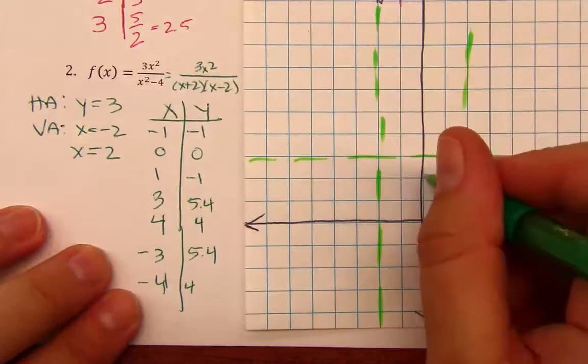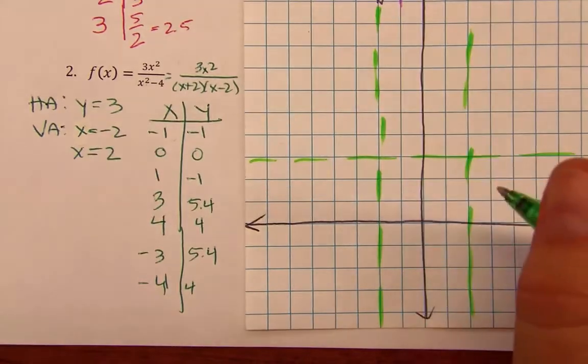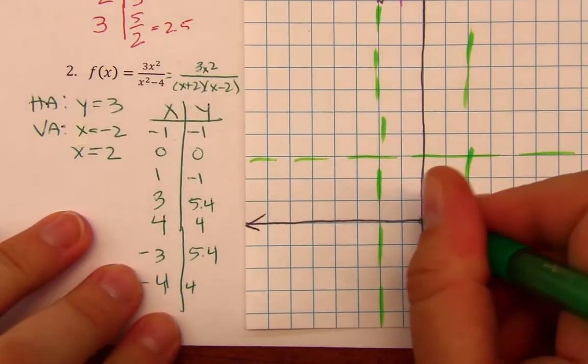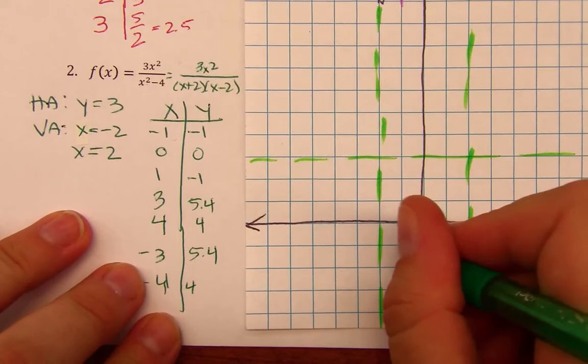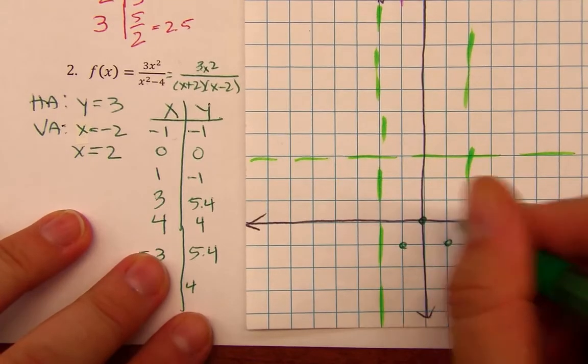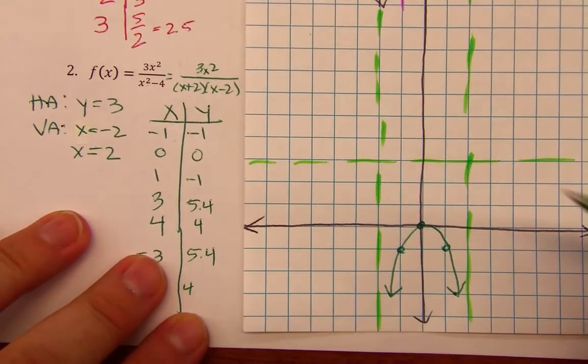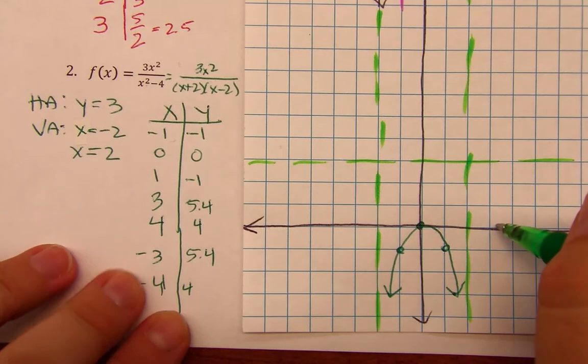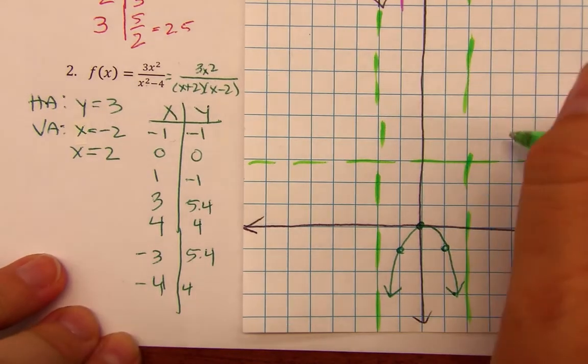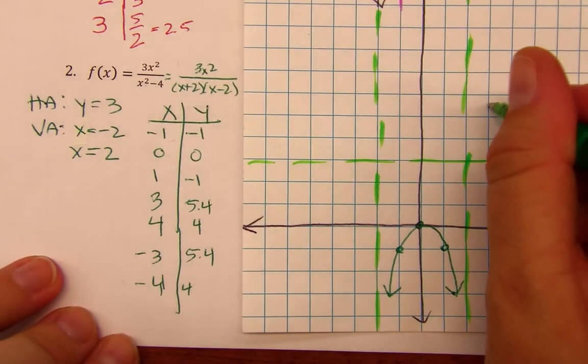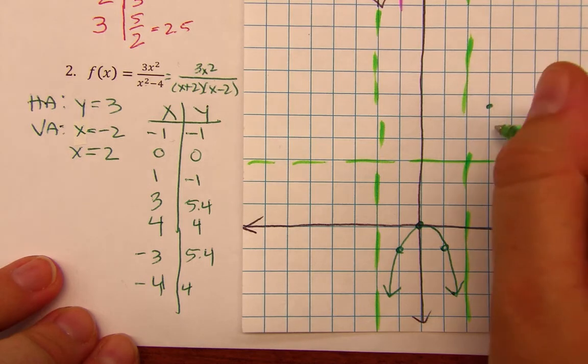So let's go ahead and graph this really quick. We have 0, negative 1, negative 1. And then at 3 we had 5.4. Okay.